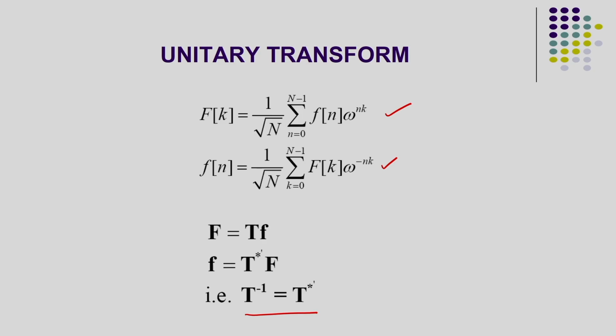So up to this discussion, you have understood the meaning of the unitary transformation and the orthogonal transformation. In the case of the unitary transformation, the unitary matrix means T inverse is equal to T complex conjugate transpose. That is the definition of the unitary matrix. And suppose the matrix T is a real matrix, then T inverse is equal to T transpose. That is the definition of the orthogonal matrix.